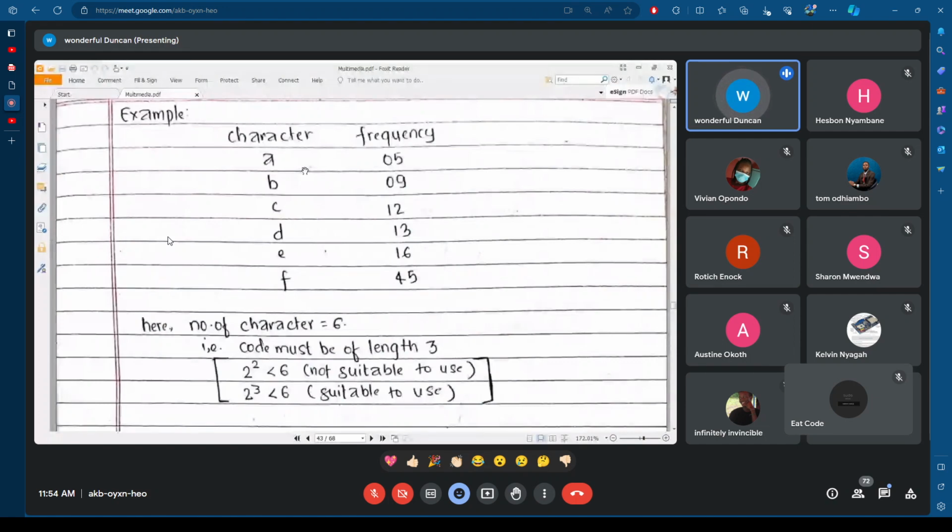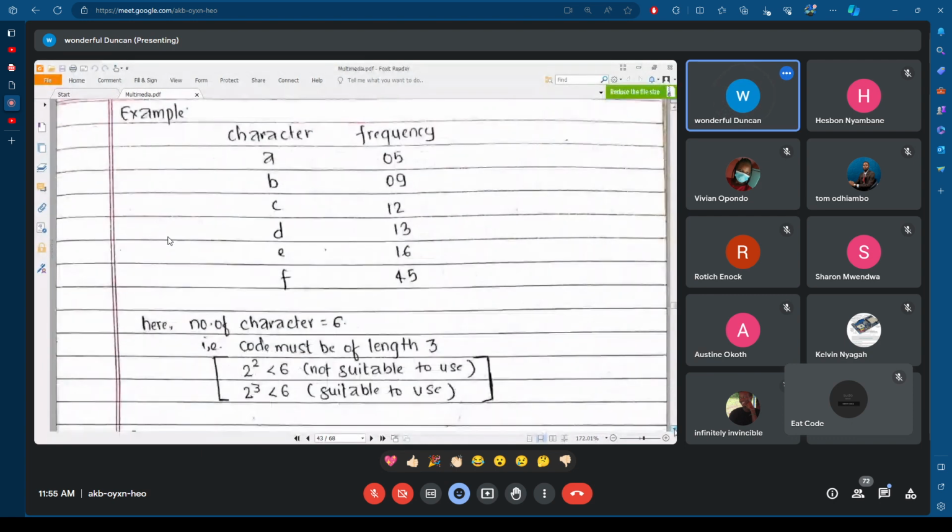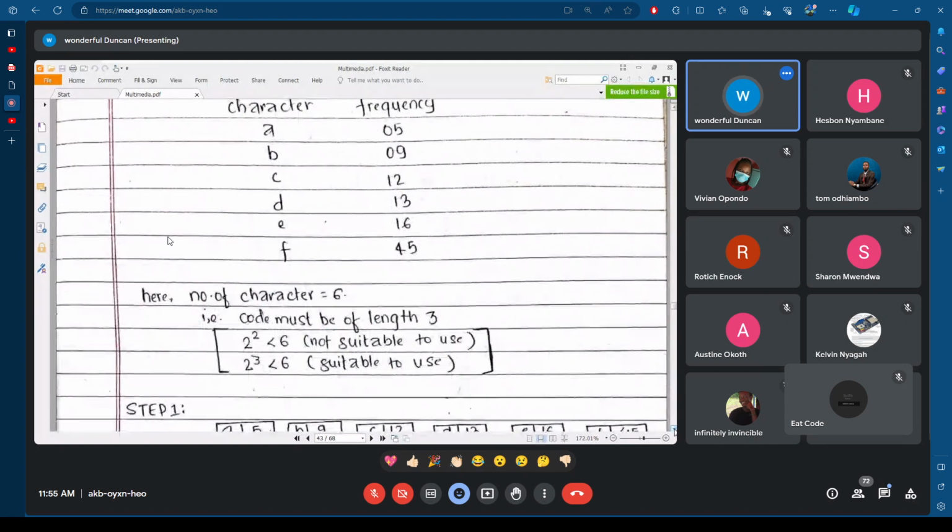So this is an example. We have the characters A, B, C, D, E, and F. Then the frequency, the number of times that these letters appear. Letter A is appearing 5 times, B 9, C 12, D 13, E 16, F 45.